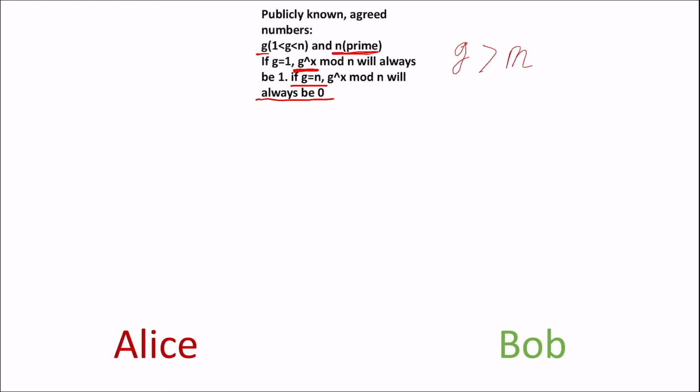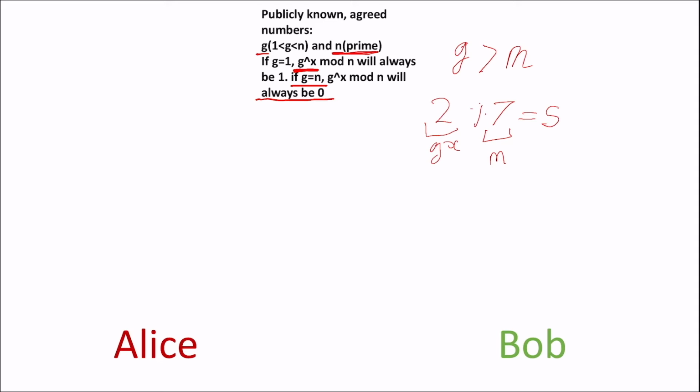So basically, let's say N was 7 and G was 2. G to the x was 2, I'm taking arbitrary numbers, and this is N. If you do the modulo, you get 5.